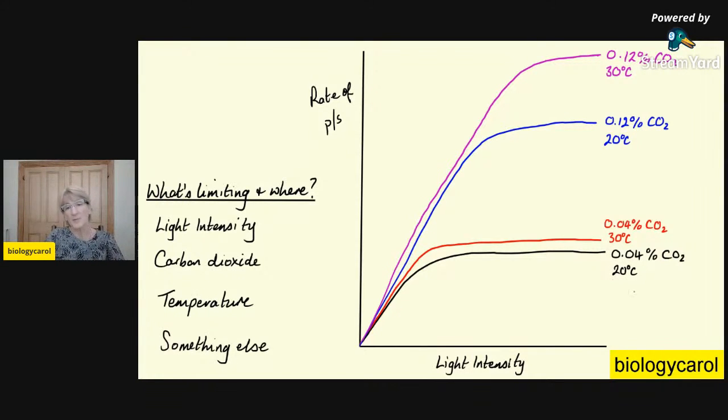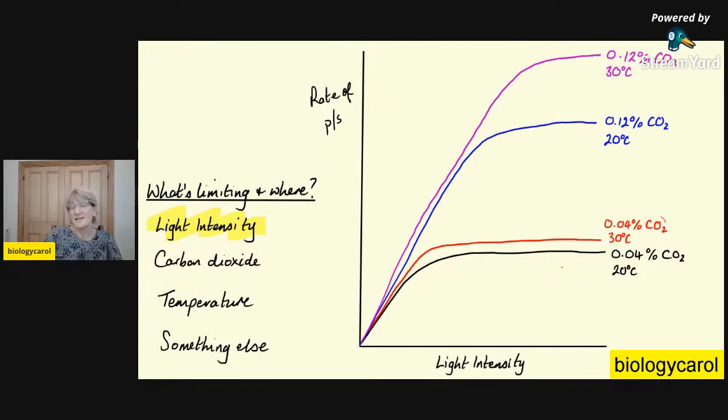These experiments have been done at low concentration of carbon dioxide and lower temperature, low concentration of carbon dioxide and higher temperature, high concentration of carbon dioxide at the lower temperature, and finally, high concentration of carbon dioxide at the higher temperature. So the question is, where on the graph is light intensity the limiting factor, carbon dioxide concentration, temperature, or something else? Let's go through them.